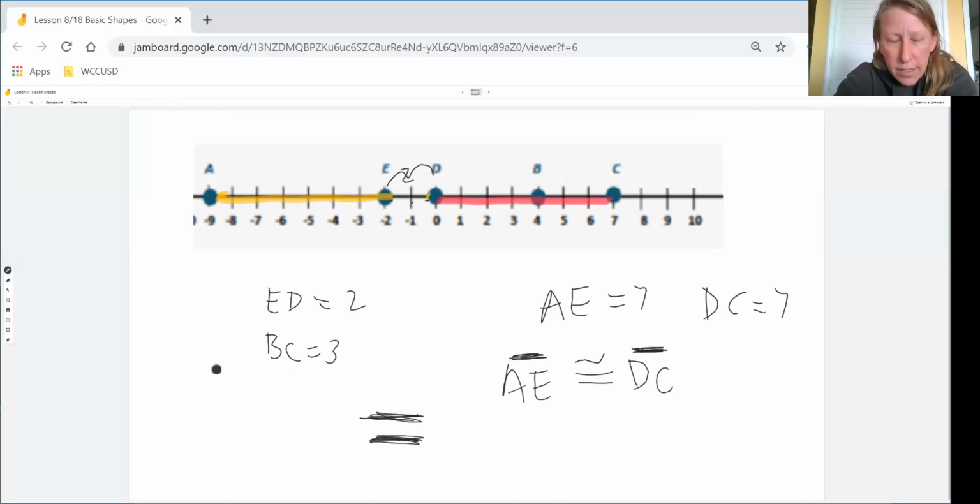They both have a 7 as a number, and this little squiggle on the top, it's on your keyboard. It's up by number 1 somewhere probably. This is called a tilde. It's a little squiggle. That means same shape. So this symbol is congruent. It means same shape and same size.